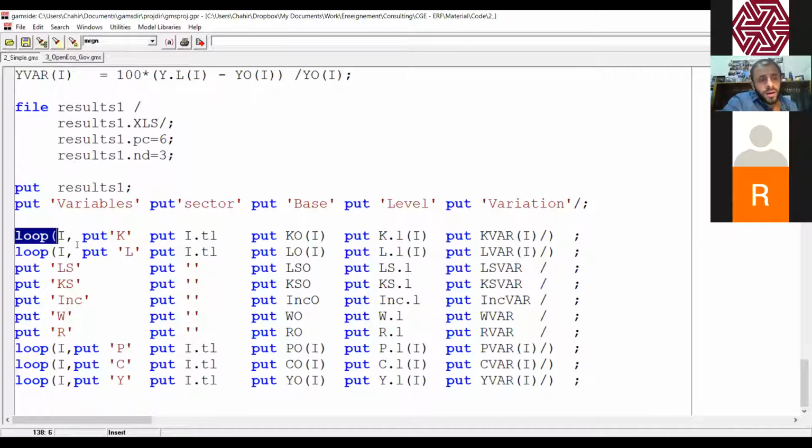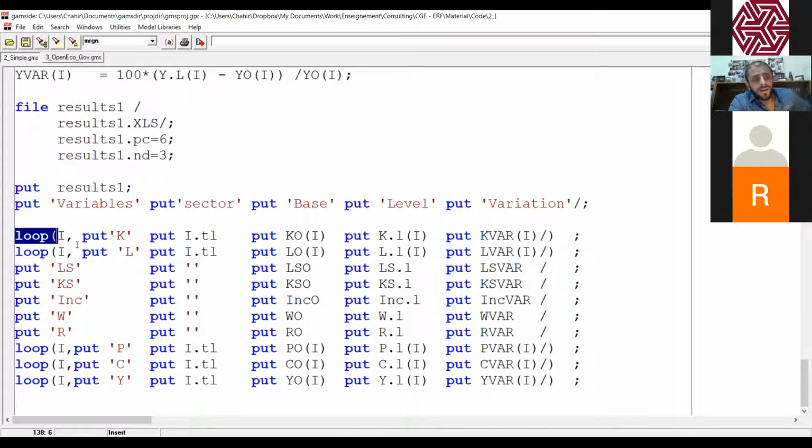So that's why for the variables that have an index I, in order to extract the results, we have to tell GAMS that this specific variable has to be run over sectors I through the loop command. So that's why we add loop in the beginning. I will send you this, you will not write it just because we're running out of time.